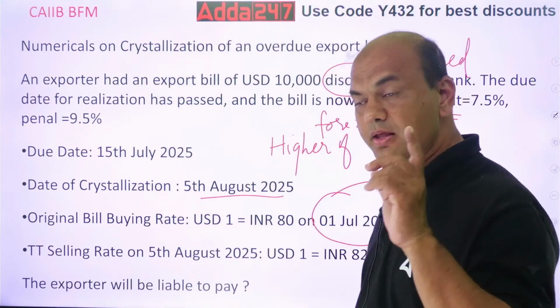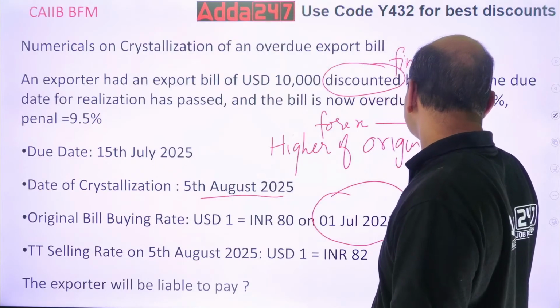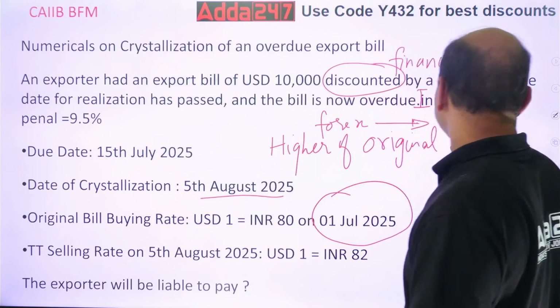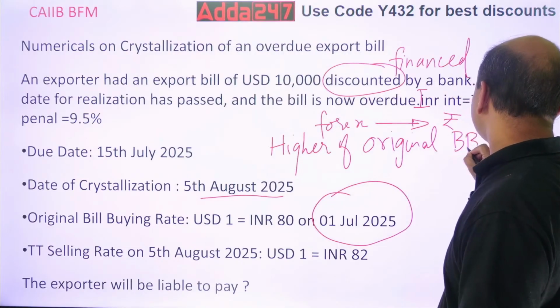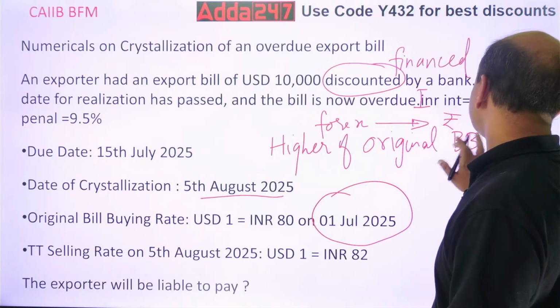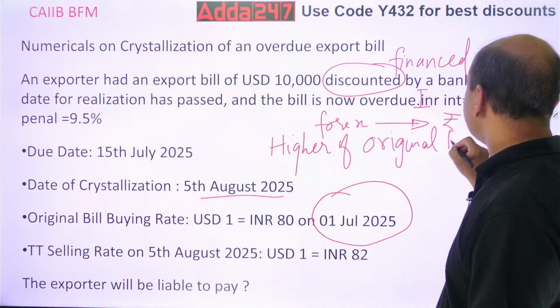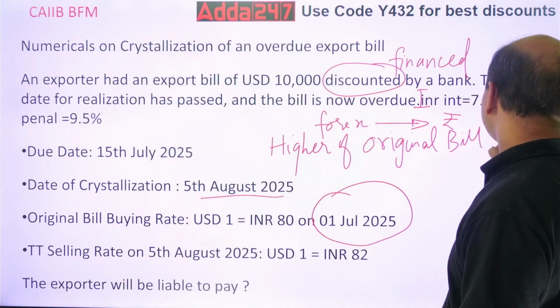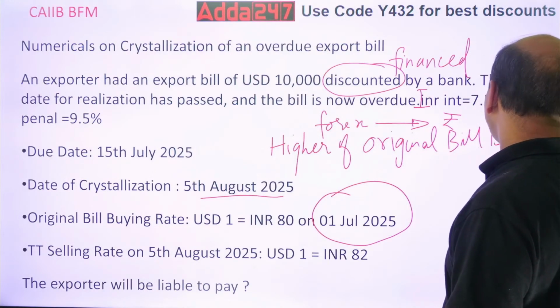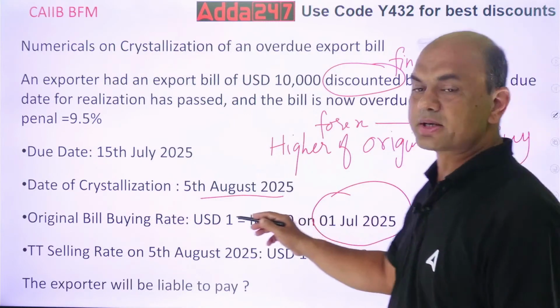original bill buying rate. I'll write it in full only, because these short forms get confused. Original bill buy, on which date? 1st July, when it was purchased.